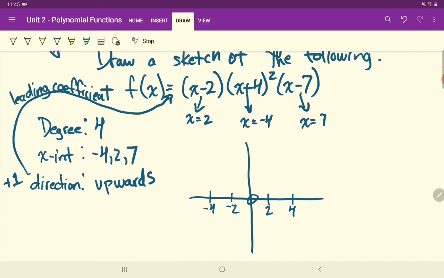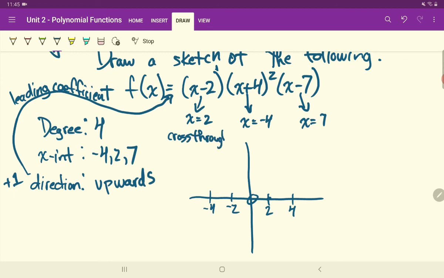It's going to cross x equals 2. It's going to cross here in what type of fashion? What type of intercept is this? If there's a 1 here, it's a first degree intercept, which means it's going to cross through the x-axis. So for this one here, it will cross through.